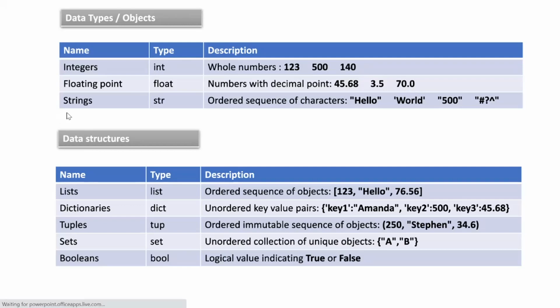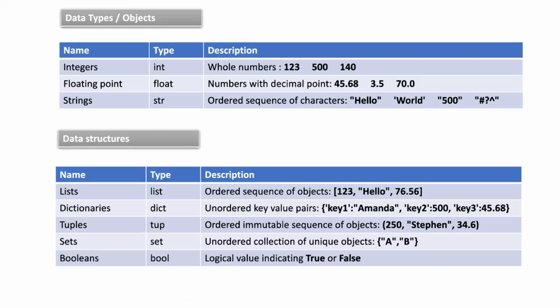The third data type is strings. They are internally represented as str. They are an ordered sequence of characters that are enclosed in single quotation or double quotation. We have hello enclosed in double quotation, then we have world enclosed in single quotation, then we have 500 enclosed in double quotations.